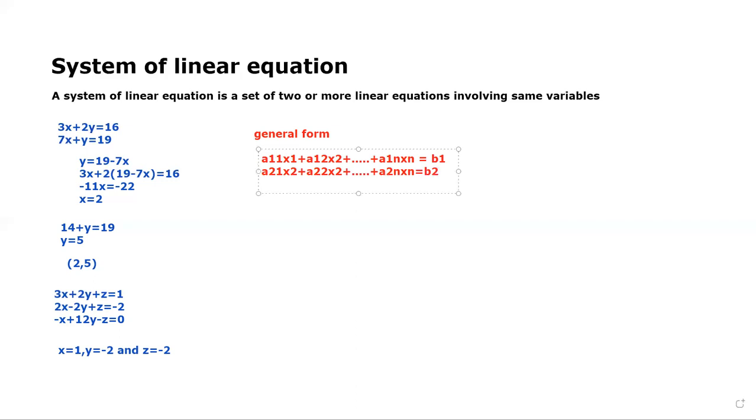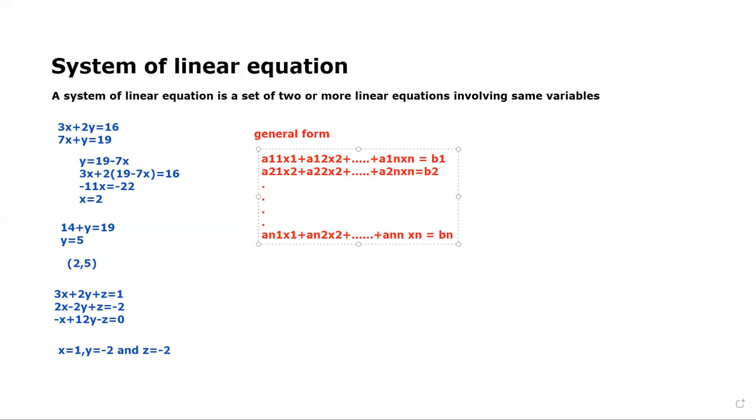and like this way, an1 x1 plus an2 into x2 plus dot dot dot plus ann into xn equals bn.